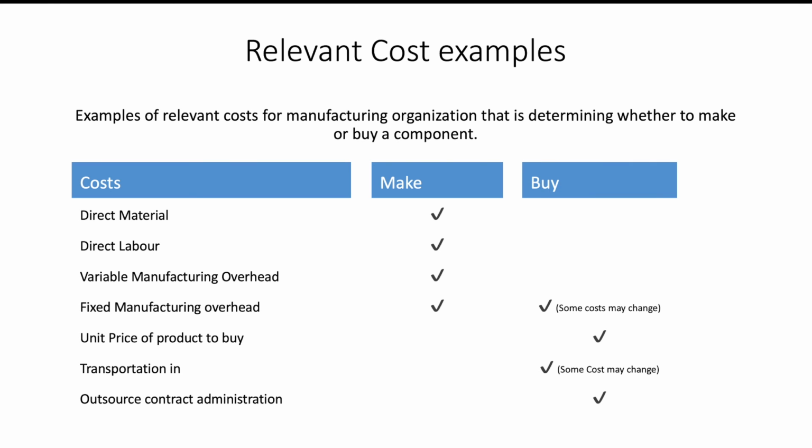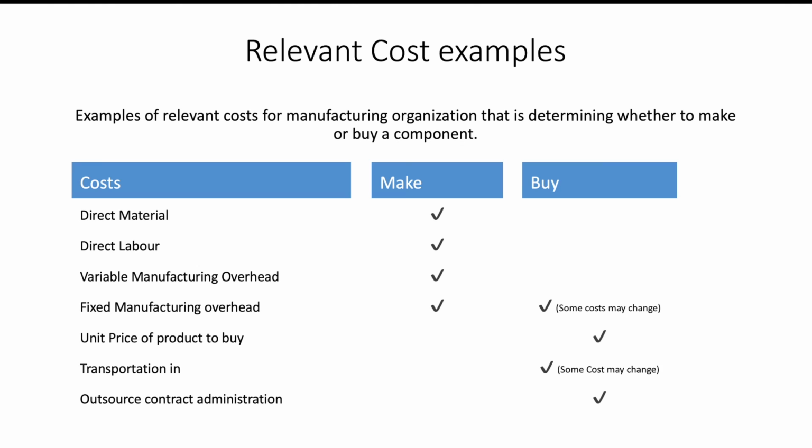When we are buying, then definitely there might be fixed manufacturing overhead. Sometimes we have to package them or do something, a fixed cost, to keep them in our store. Unit price of product to buy is a very relevant cost to the buy decision. Transportation in is getting that product from the supplier into our organization.